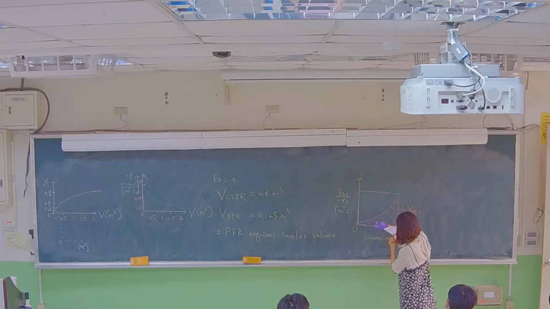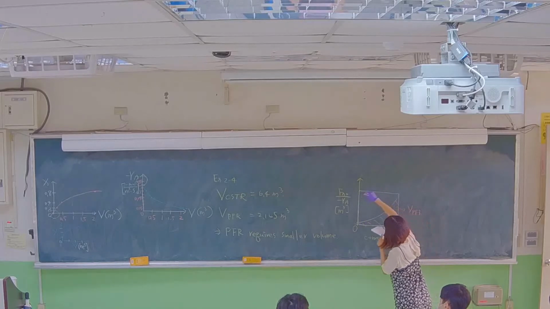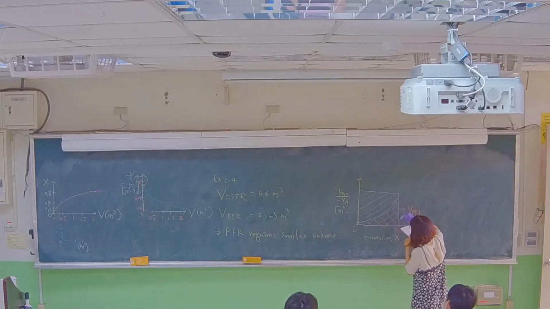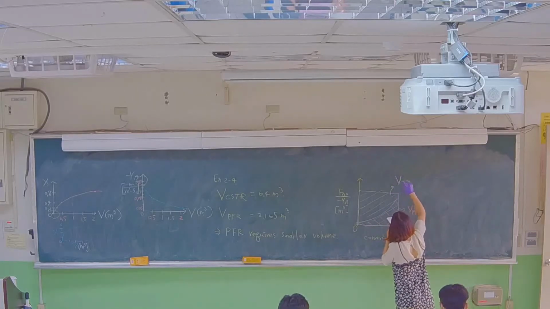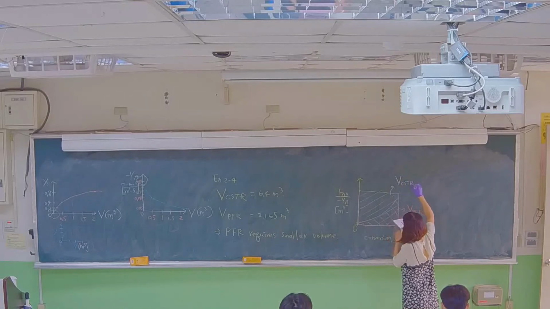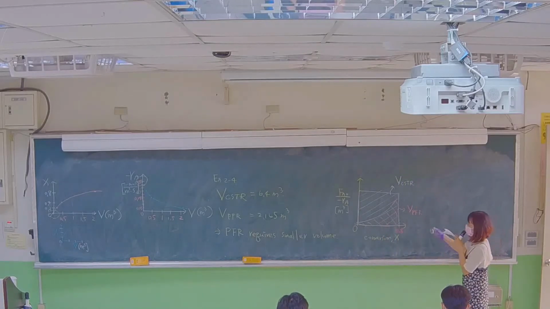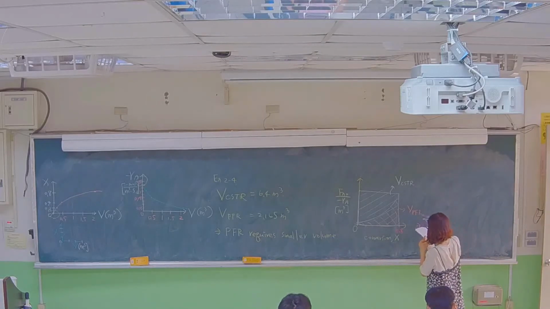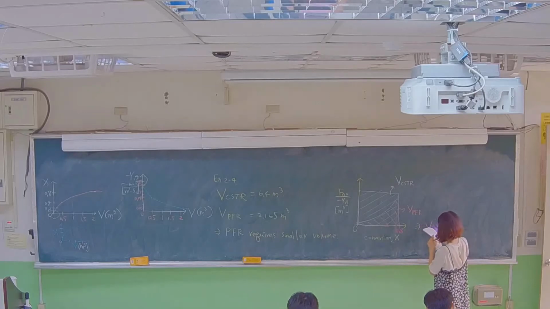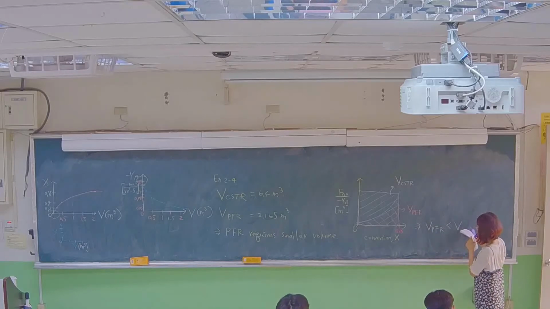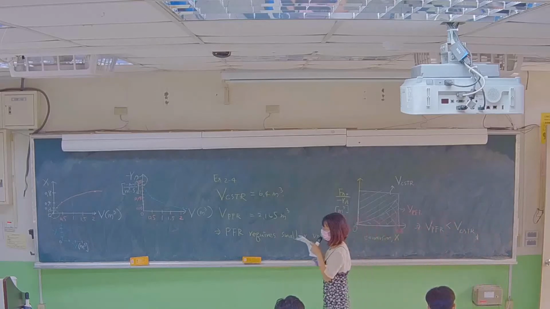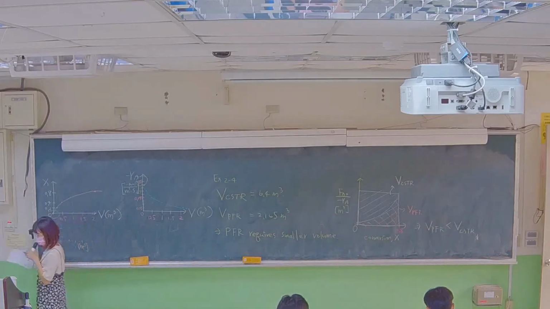The rectangle one, you have the volume of CSTR. So from the area, we know the area for PFR is smaller than the volume for CSTR. So you can use two methods to give me the conclusion.